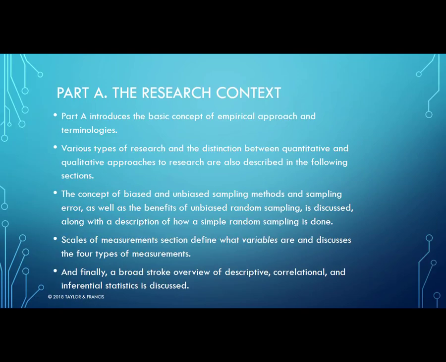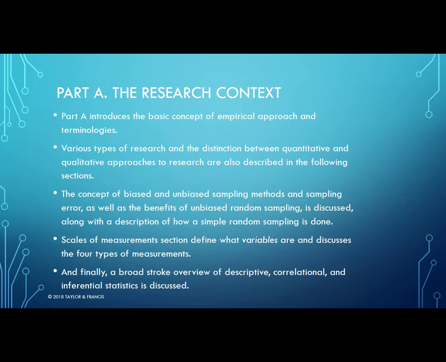Okay, so what is in part A? This is, again, not just today's. This is the 4 sections that make up part A. Part A introduces the basic concept of the empirical approach and terminologies, various types of research, and the distinction between qualitative and quantitative approaches to research. I touched on that a little bit in the What is Research video.